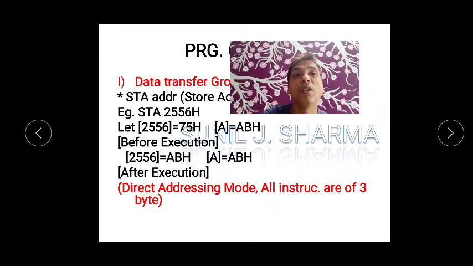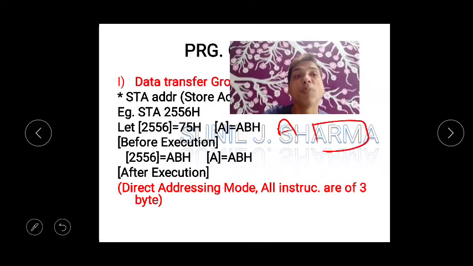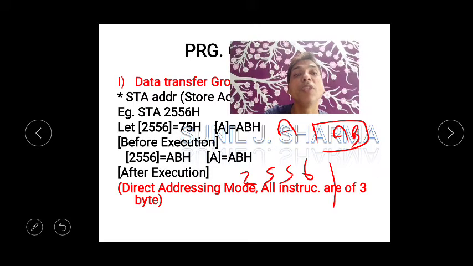Whatever I taught you previously, the same thing is done here, but it is exactly opposite. Suppose the accumulator has the value ABH. Whatever the value at the address is will be changed, and the new value will be given from the accumulator.